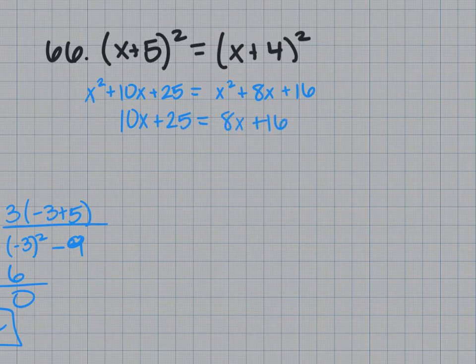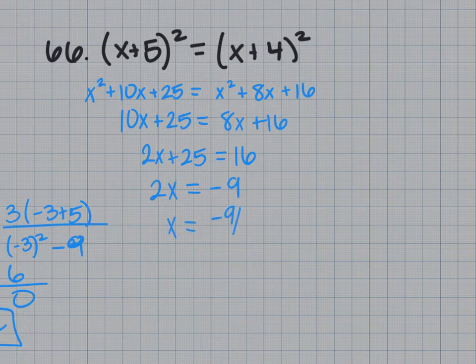I'm going to subtract 8x from each side, so I get 2x plus 25 equals 16. I'm going to subtract 25 from each side, so I get 2x equals negative 9. X is equal to negative 9 halves. And I'll let you guys do the check on your own, but when you do check this out, it does work. So our answer is negative 9 halves.